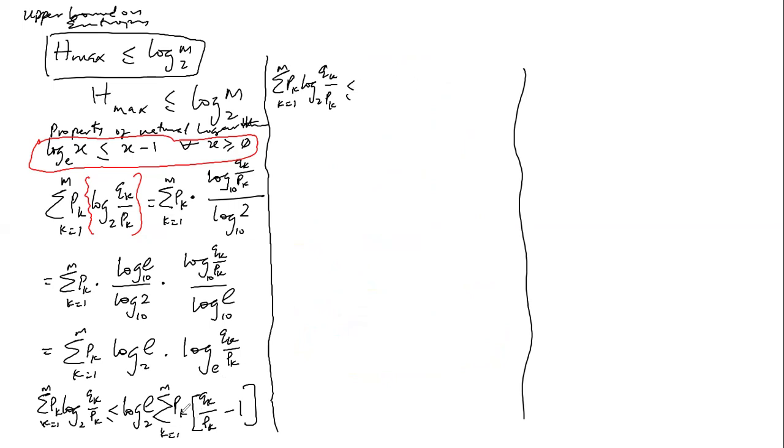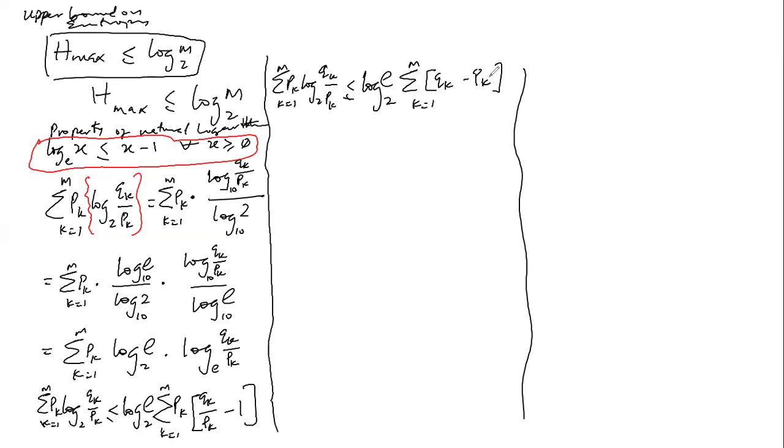Now, if we multiply through, we are going to have qk minus pk, because pk would cancel out pk here, so we have qk minus pk times 1. That would be qk minus pk. Is that clear? Exactly. Yeah, so we now have less or equal to log e base 2 sigma k equal to 1 to m. We now have qk minus pk.